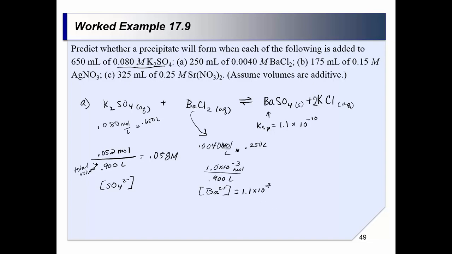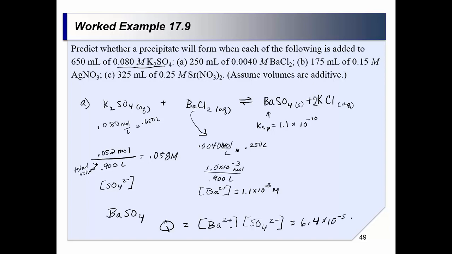So now I'm going to analyze my barium sulfate, and I'm looking for my Q value, which is equal to my barium concentration times my sulfate concentration. In this case, I'm going to multiply these two numbers together and I get a Q value of 6.4 times 10 to the negative fifth. That's my Q value.